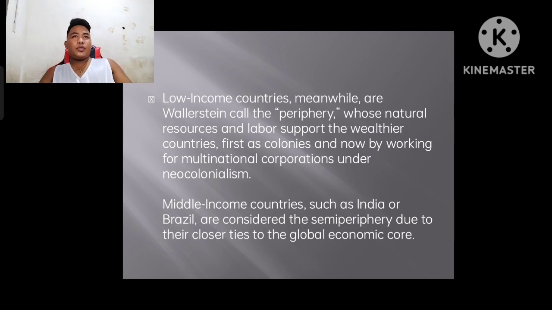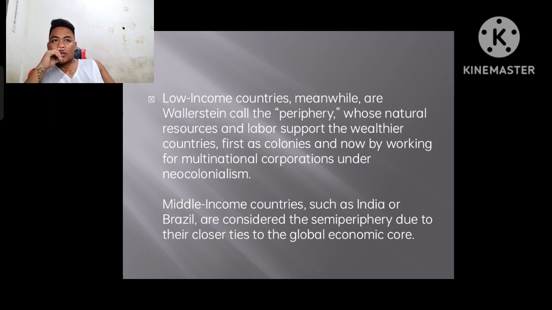Low income countries, meanwhile, are what Wallerstein called the periphery, whose natural resources and labor support the wealthier countries, first as colonies and now by working for multinational corporations under neocolonialism.